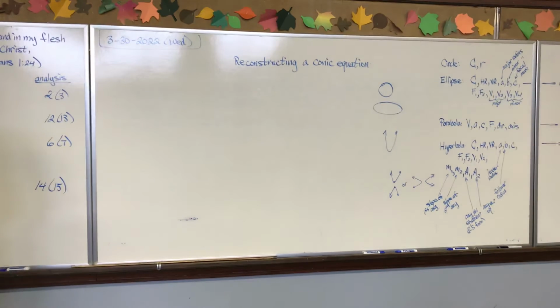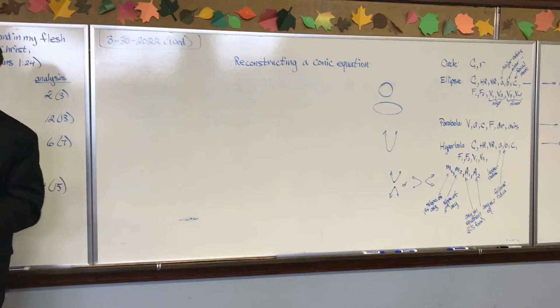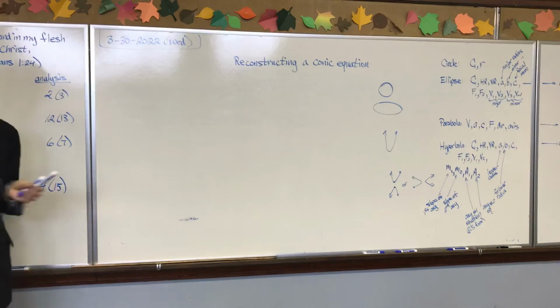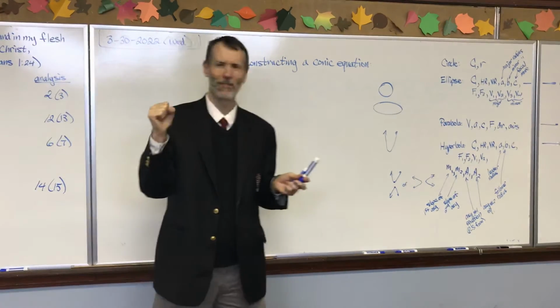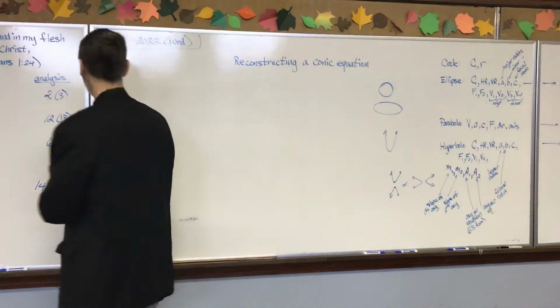Can anybody figure out where the center of that thing is? I don't see any parentheses. It's 0, 0. It's basically x minus 0 parentheses squared and y minus 0 parentheses squared. Whenever you see a plain old x squared or a plain old y squared, it means the center is going to be at 0 comma something or something comma 0.